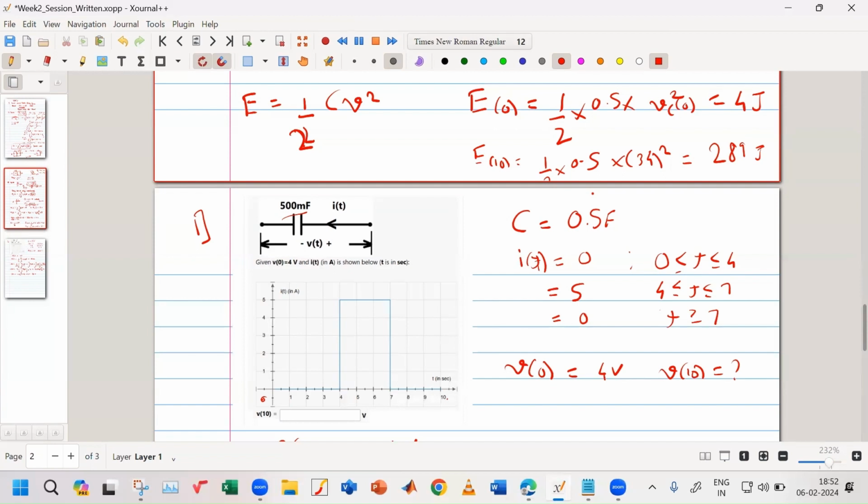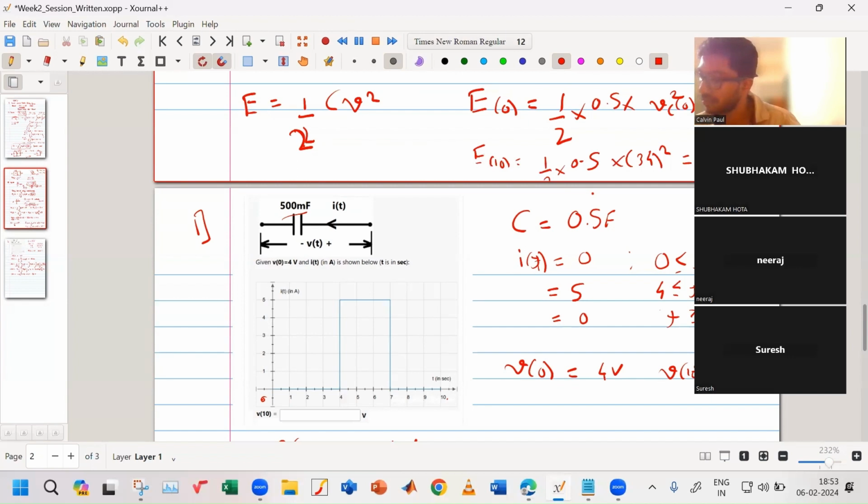So effectively, what is the total energy which I've injected into my system? From 0 seconds to 10, what is the energy which I've injected into the capacitor? 285 joules.